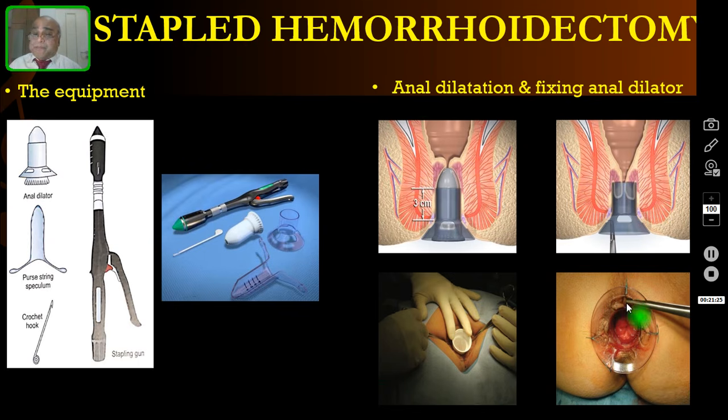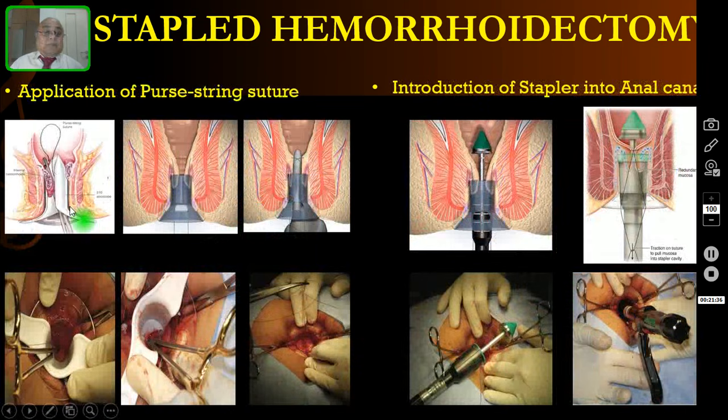There are 4 slots in this anal dilator. Through that you can fix it to the perineal skin. The next thing is you have to apply the pursing suture. You can apply this pursing speculum inside and, taking a needle holder with a needle, suture it all around the mucosa.